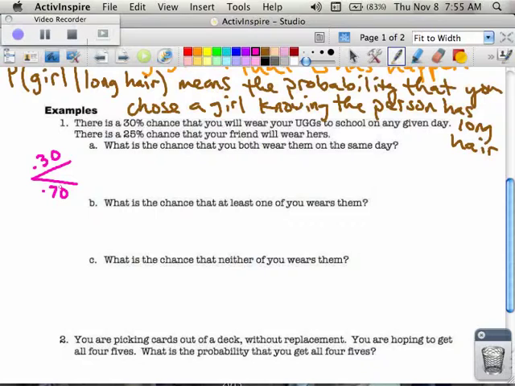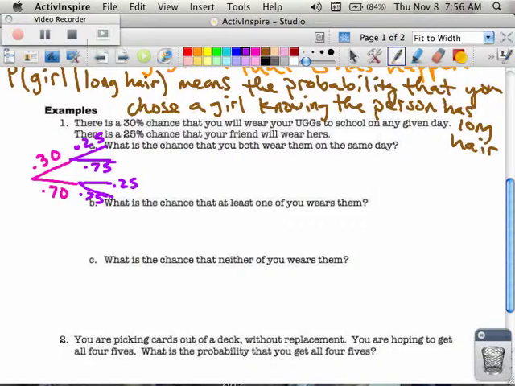Then if we look at your friend, if you wear your Uggs, your friend has a 25% chance of wearing her Uggs, but a 75% chance of not. And if you don't wear your Uggs, your friend's probability is not affected. So your friend still has a 25% chance of wearing her Uggs and a 75% chance of not.